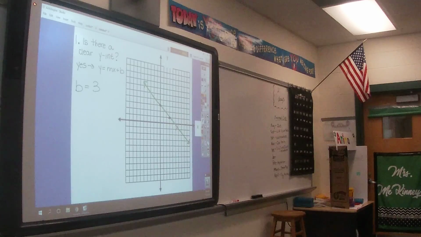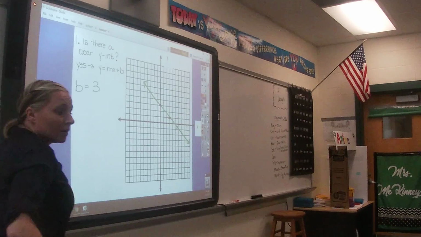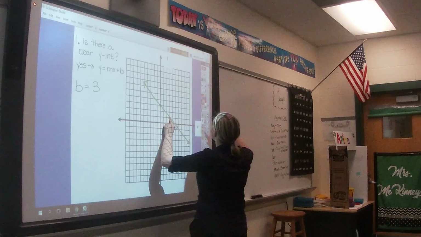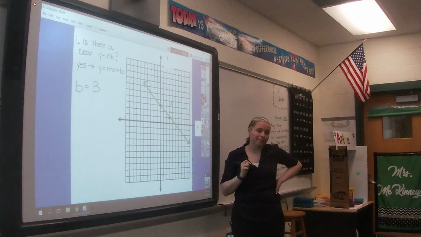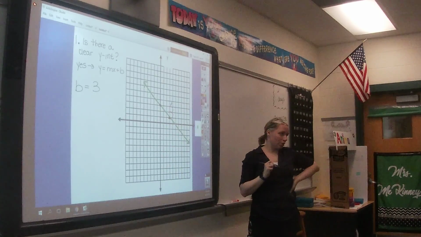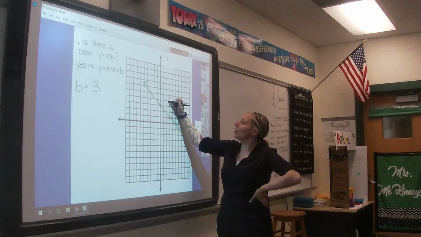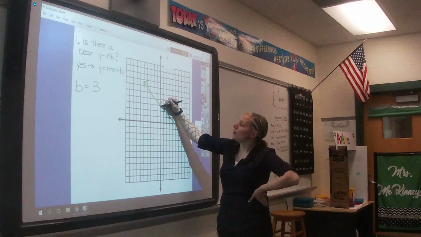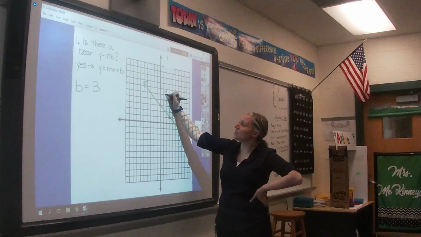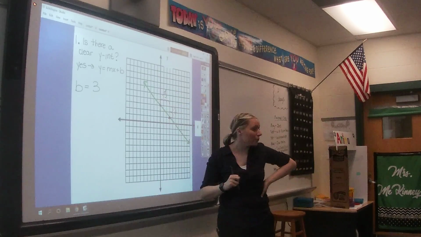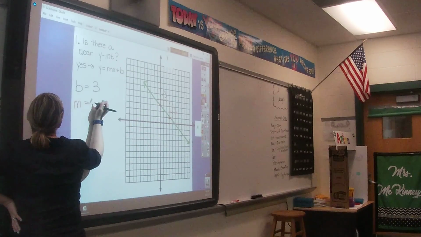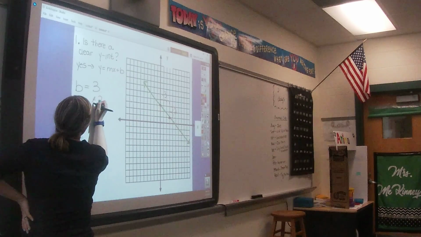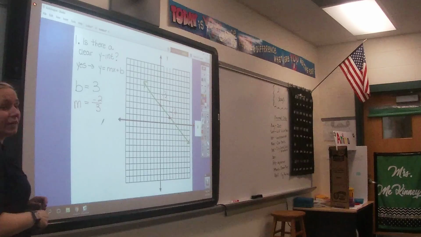And then we'll count our rise over run. So how many do we go up? 2. How many do we go over? 3. But we counted left, so what are we going to write instead of just 3? Negative 3. Right, so our slope is going to be negative 2/3.